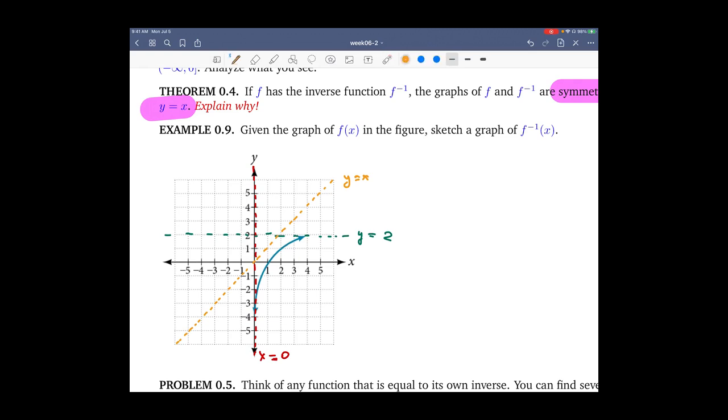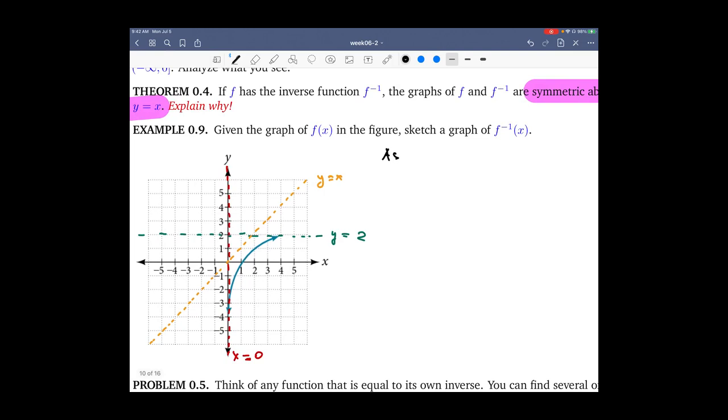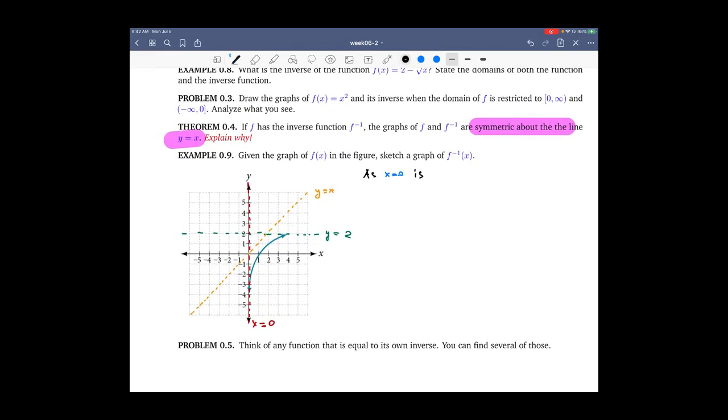So for f inverse, y equals 0, the x-axis, will be a horizontal asymptote, as x equals 0 is an asymptote for f.